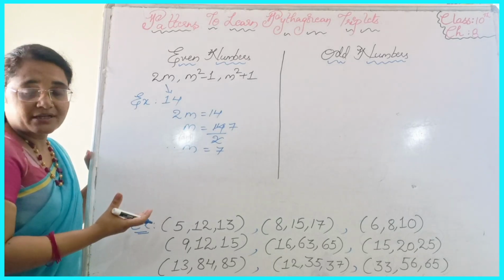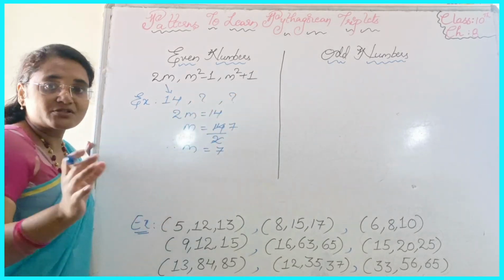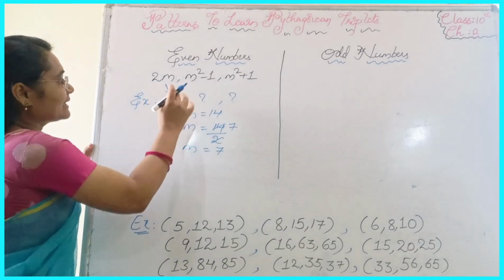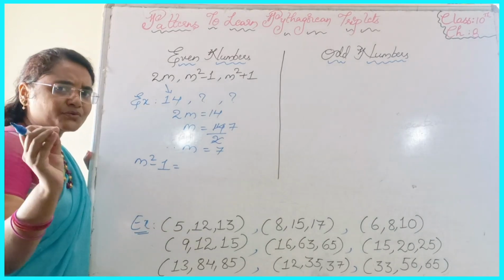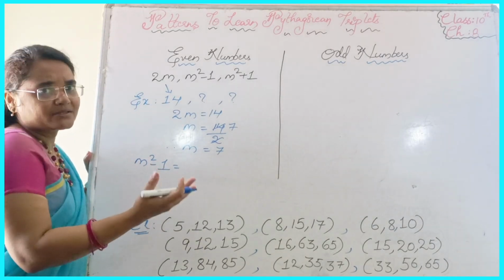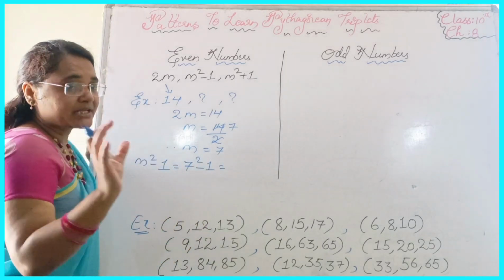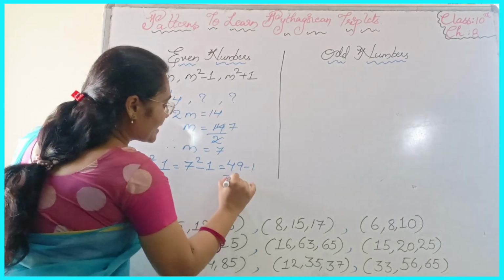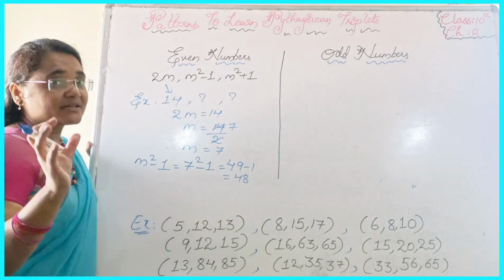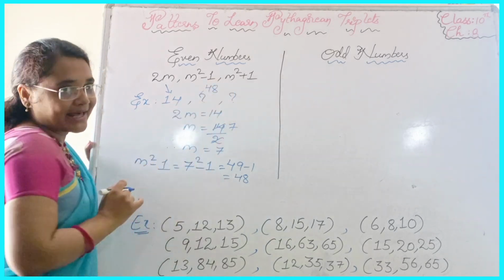Then we have not completed our task because we did not find the remaining two members of the Pythagorean triplet. The second value, m square minus 1, just substitute the m value in m square minus 1. 7 square minus 1. 7 square is nothing but 49, minus 1. So that is nothing but 48. So what is our second value? 48 is our second value.